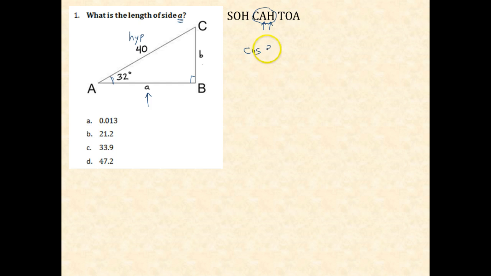Cosine of 32 degrees equals the adjacent side over the hypotenuse, which is 40 in this case. To solve for A, we can just multiply both sides by 40. They'll cancel here, and we get A equals 40 times the cosine of 32 degrees.